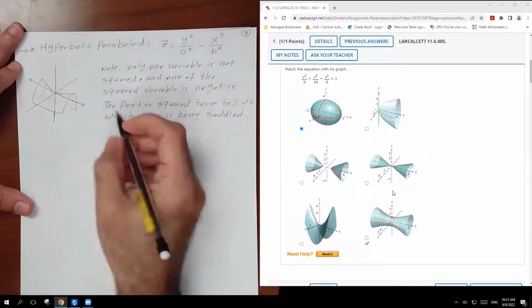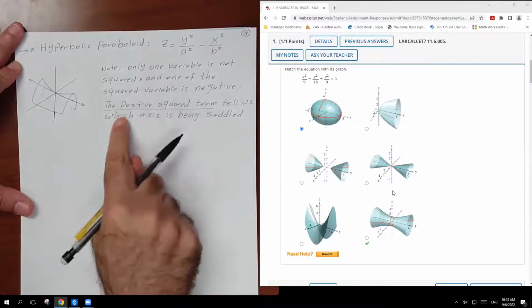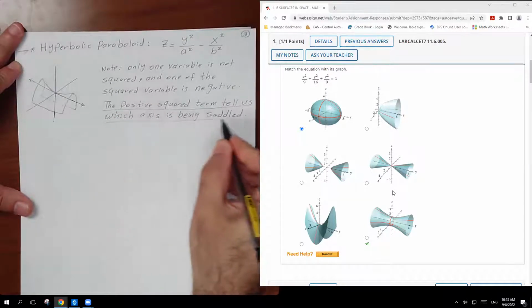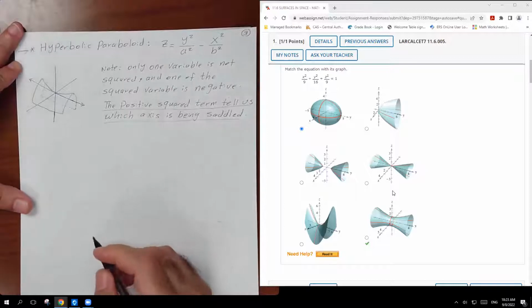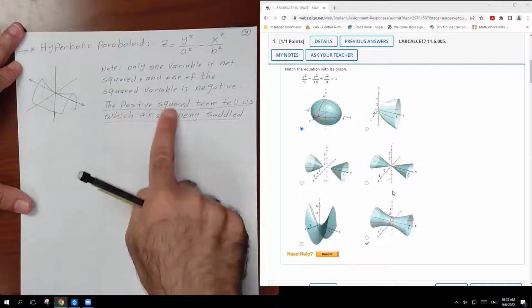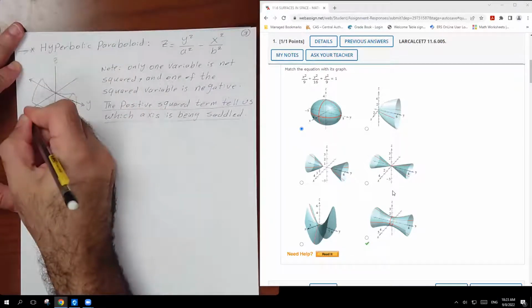Here's the important thing. The positive squared term tells us which axis is being settled. The positive, that means you see the y, the positive squared term. This is the y, this is the z, and here is the x.